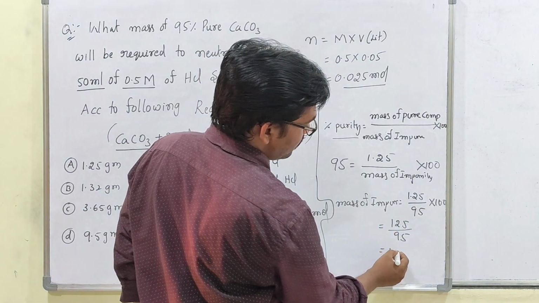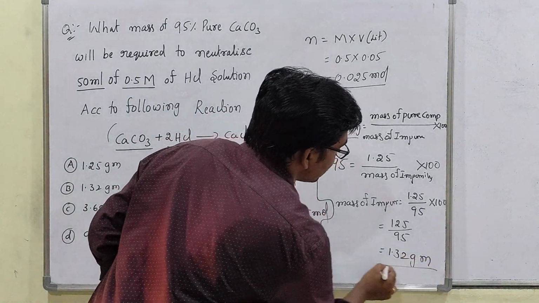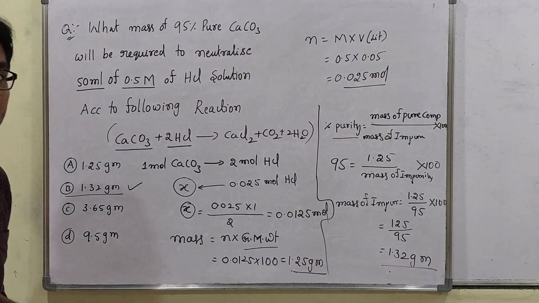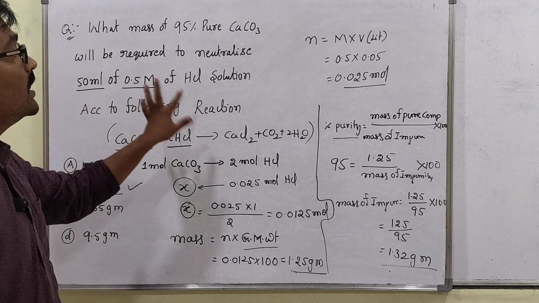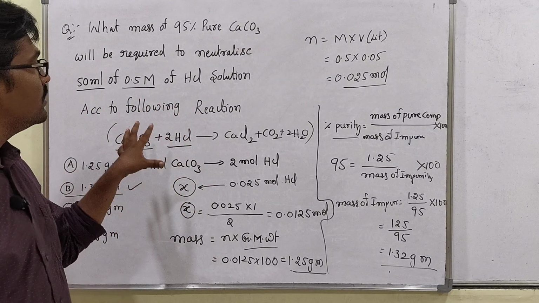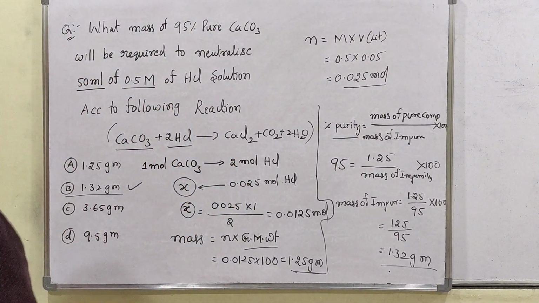Then you can get 1.32 grams as the answer. Clear, my dear students? This is a previous year JEE Mains or NEET question. There is one more question that I will discuss. So note this.